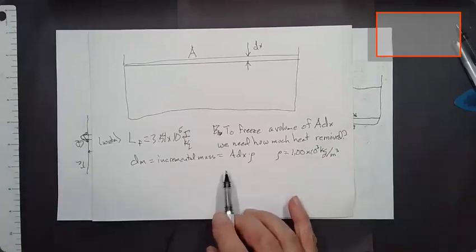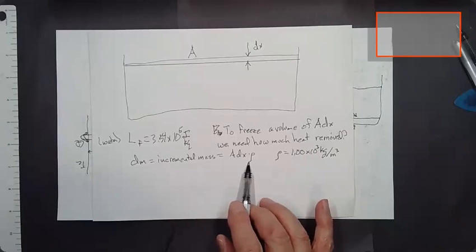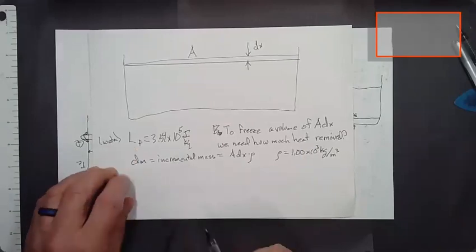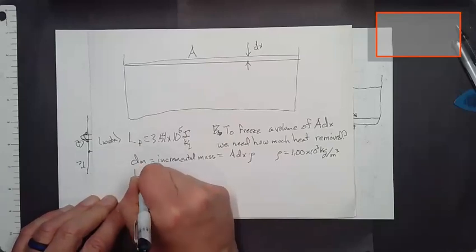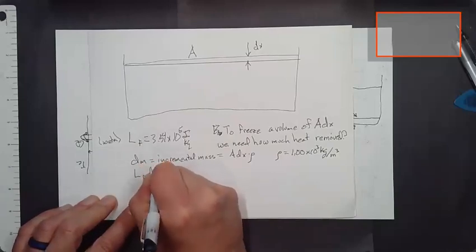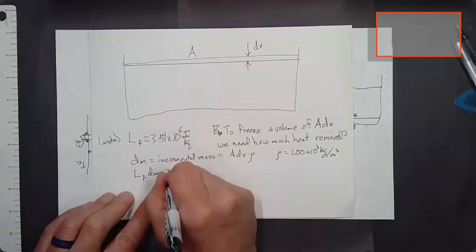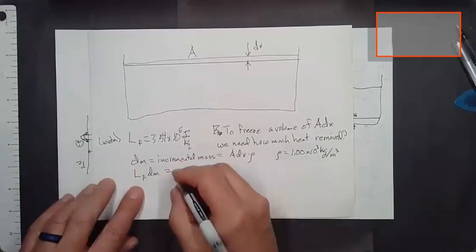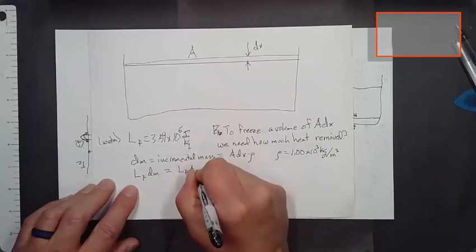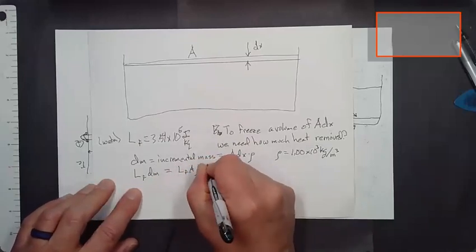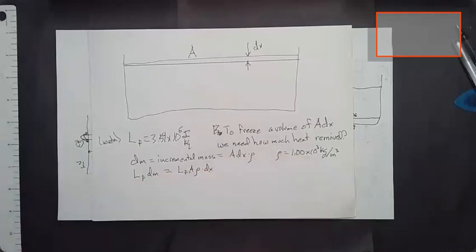Okay, so there's our incremental mass, and the heat we're going to have to remove, L sub F dm, in order to freeze that, is just going to equal L sub F times A times rho times dx. And so that's what we have to do.